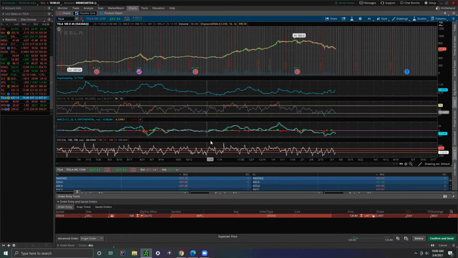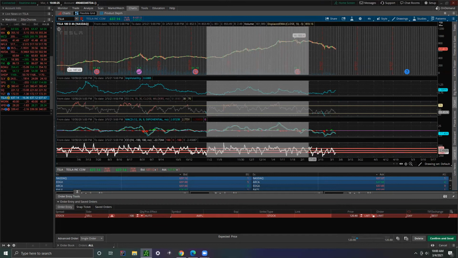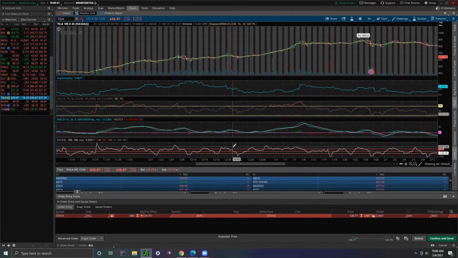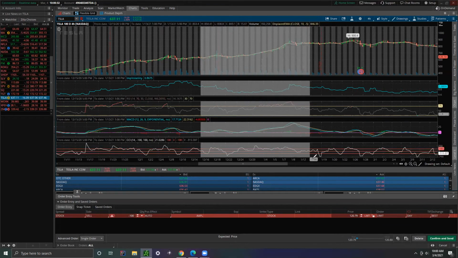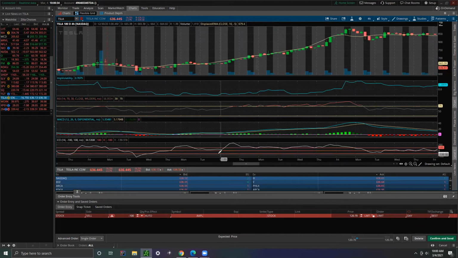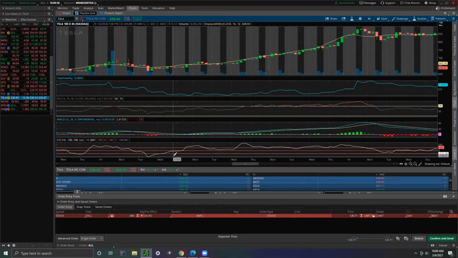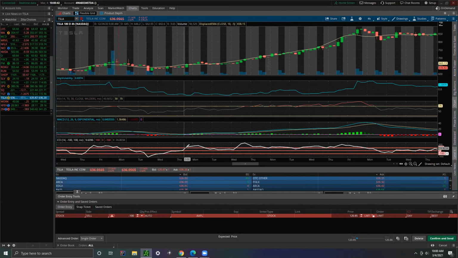So let's take a closer look. I'm just going to highlight here. Actually, I'm going to give the CCI more room. Okay, so this is a pretty close look. There are three lines for the CCI.